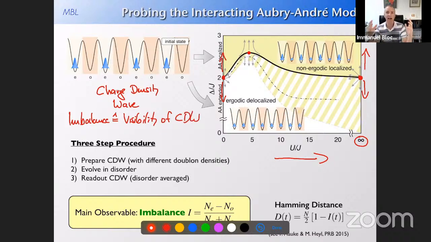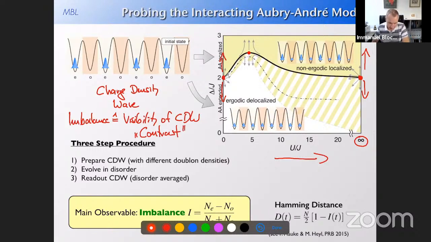So it's like a contrast of an optical interference pattern: the maximum intensity minus minimum intensity divided by I max plus I min. So it's like a contrast of this charge density wave. And this is something we can monitor actually very well in the experiment.